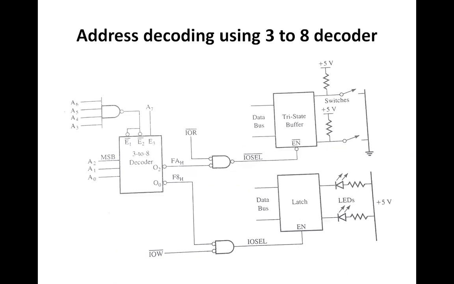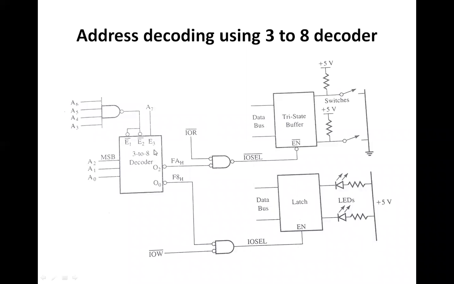Now this is an example of how we are going to do the interfacing using the decoder, and in this case you can see both devices: the tri-state buffer is being used for the input, and the latch is used for the output. This figure illustrates the scheme of address decoding.